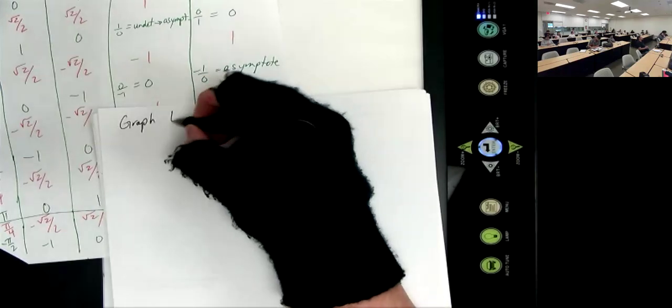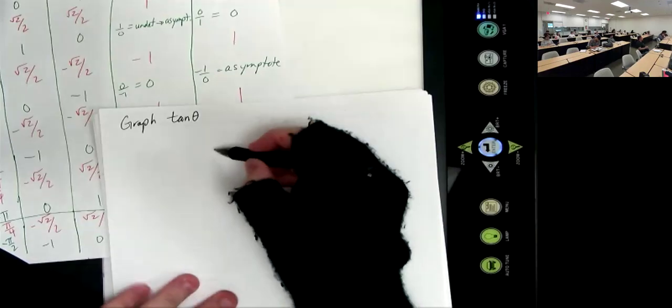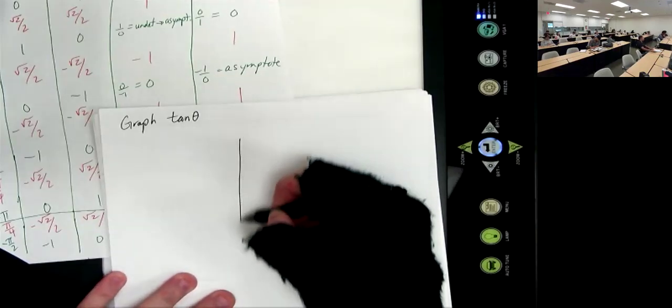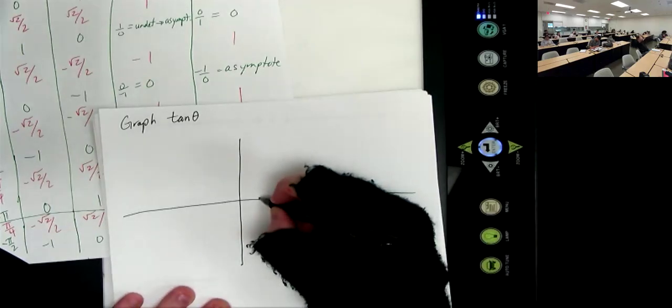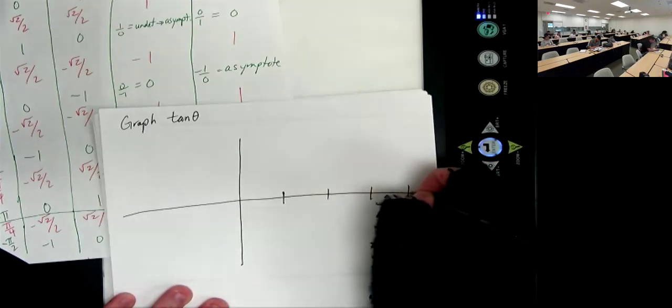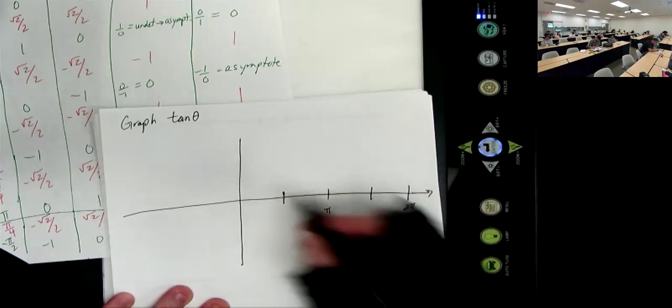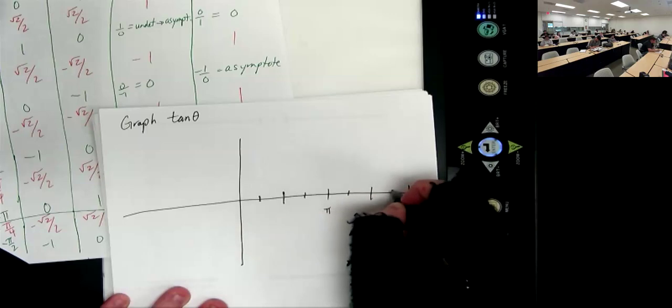Alright, let's do tangent, graphing tangent theta. We saw that every pi over 4 seemed to matter, so that's what we're gonna do. So I'm gonna do my spacing for going to a full 2 pi. And then each small line will be a pi over 4 mark.